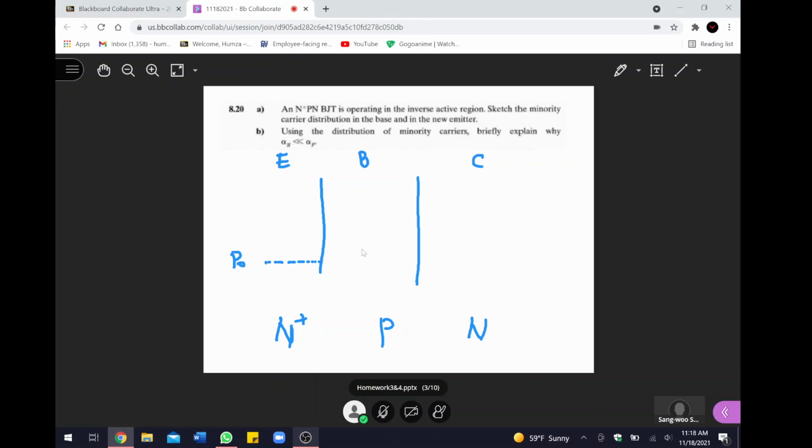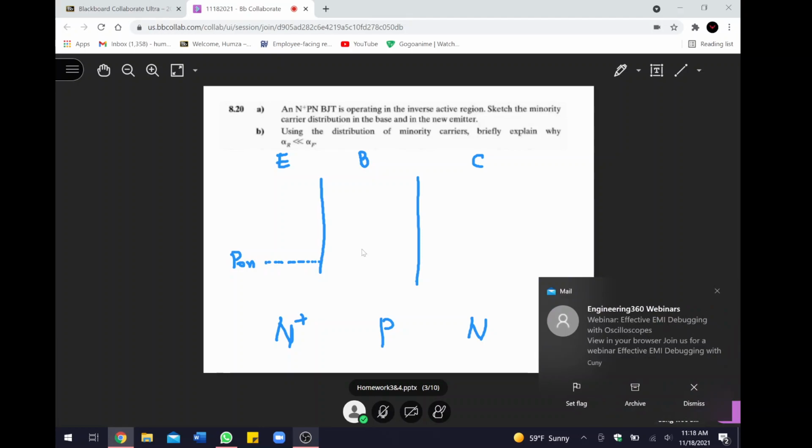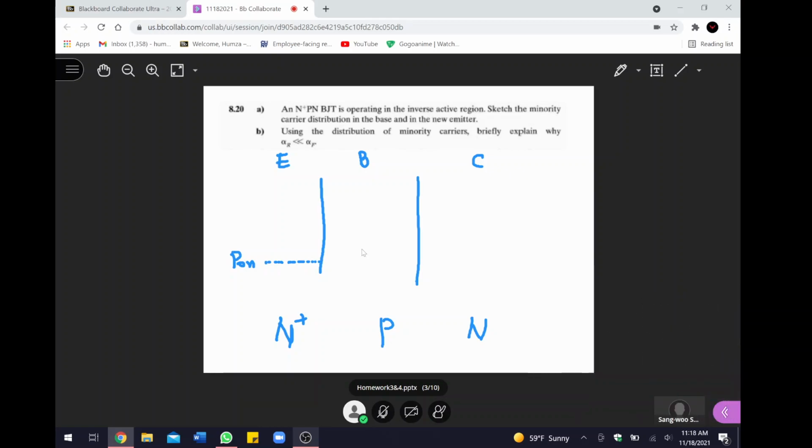At thermal equilibrium, p_o,n is located here in the emitter side. That's the minority carrier in the emitter. In the base side, the minority carrier is going to be electrons, and this concentration is going to be higher than the emitter side minority carrier concentration because it's an n plus pn diode.